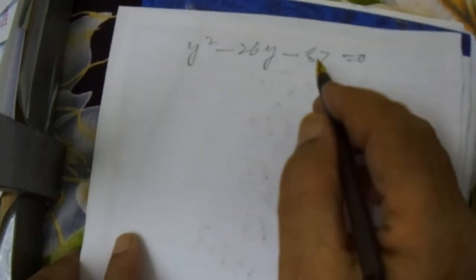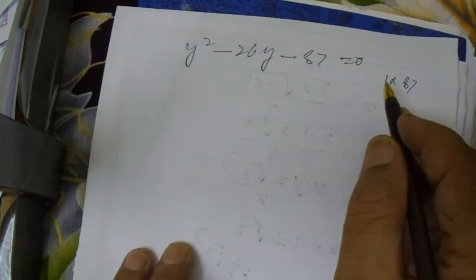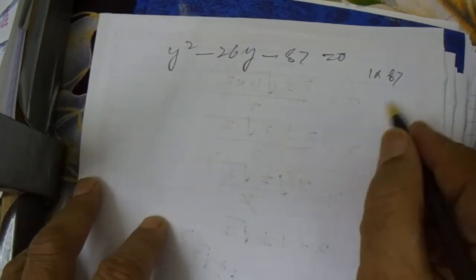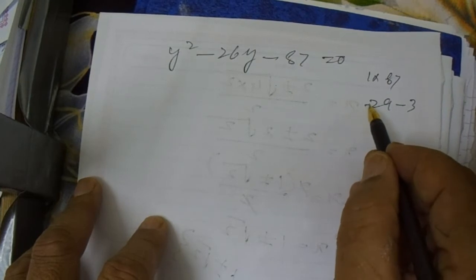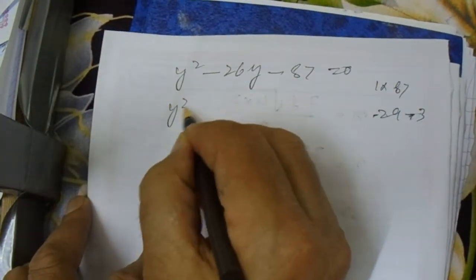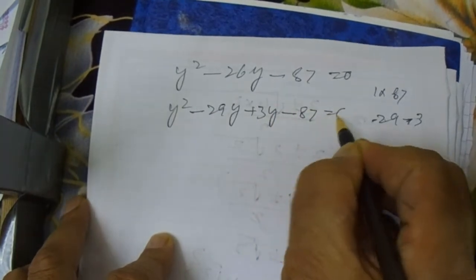We make the factors of 87: 1 times 87, and 3 times 29. We make the factors of 87 like this, and we put the negative sign with 29. So y square minus 29y plus 3y minus 87 is equal to 0.